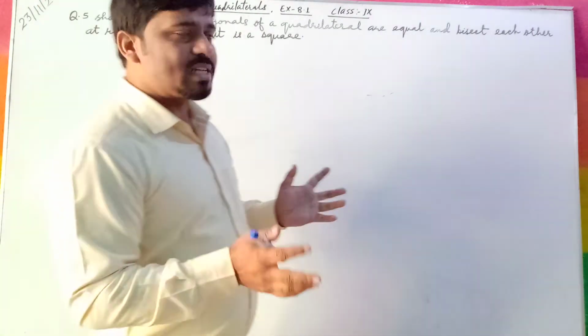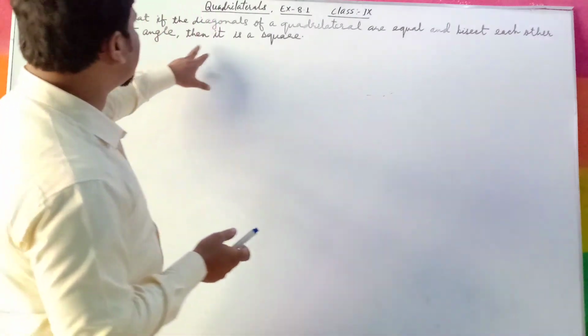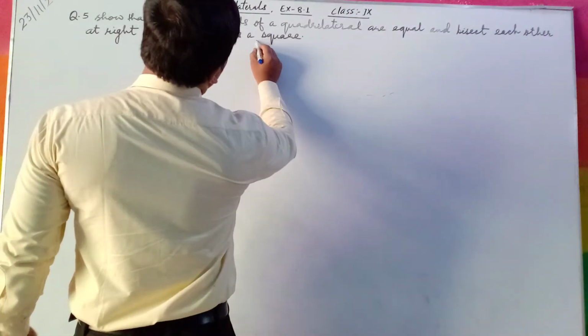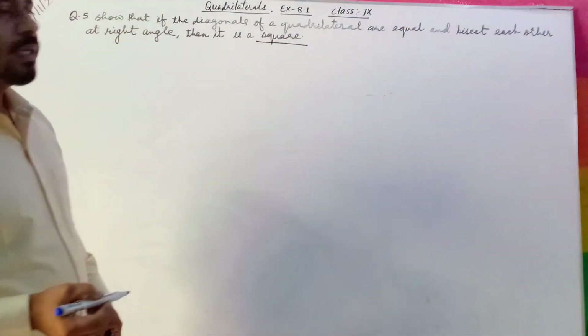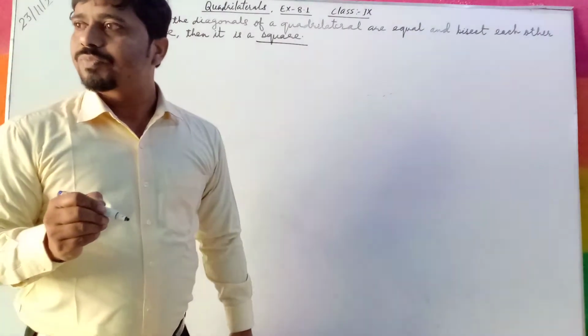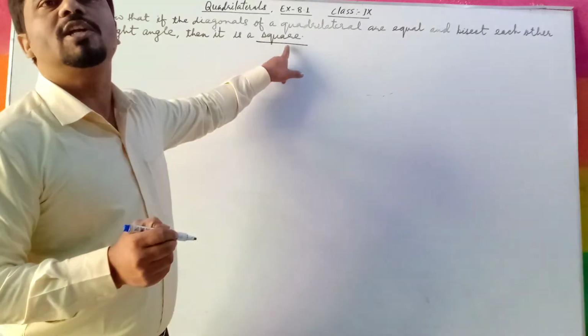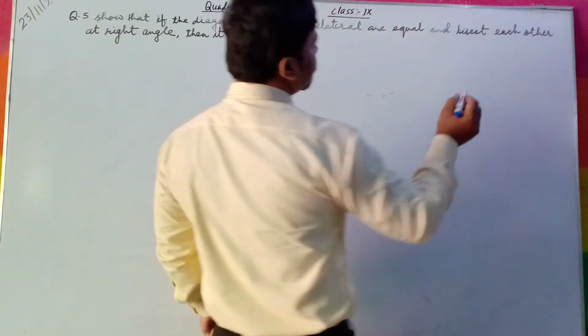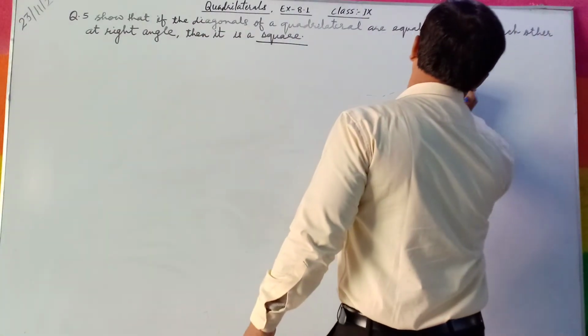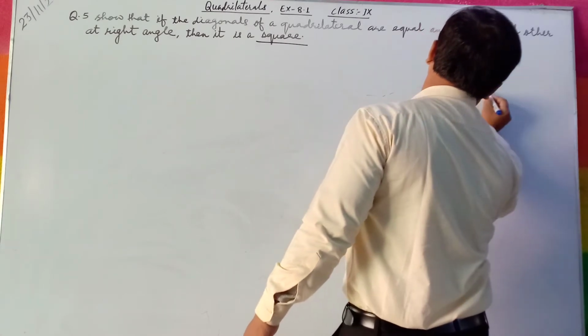So let's see the diagram. We will draw the same diagram, because I told you what we will prove: the quadrilateral is a square. So the diagram will be a square.